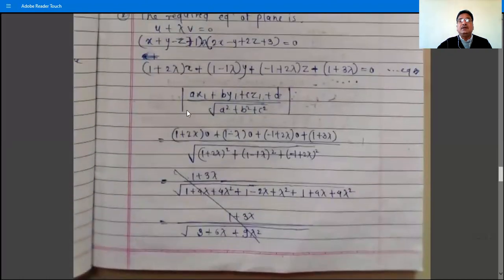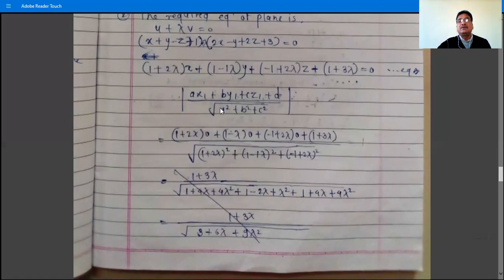Mod, in mod, the distance of origin from this plane is what? 1 plus 2 lambda into 0 plus 1 minus lambda into 0 plus minus 1 plus 2 lambda into 0 plus 1 plus 3 lambda, divided by root of 1 plus 2 lambda bracket square plus 1 minus lambda bracket square plus minus 1 plus 2 lambda bracket square, is equal to 1, right?